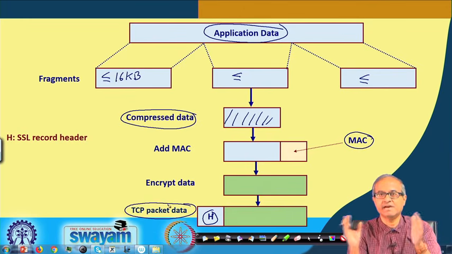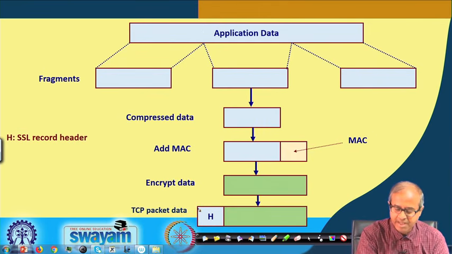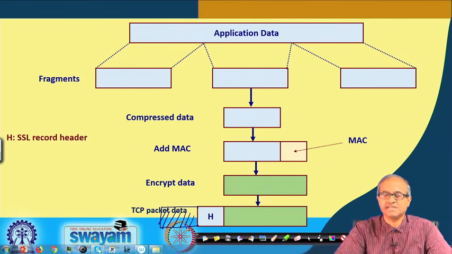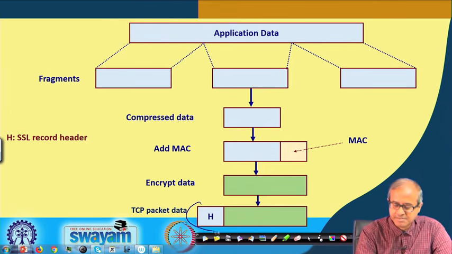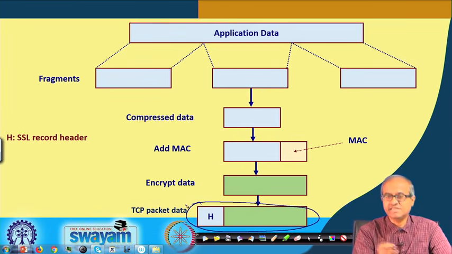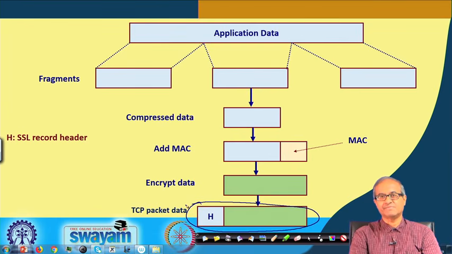This is the data for TCP. TCP will add a TCP header before it can send it. So, this whole thing comes to TCP as the basic data to be sent.